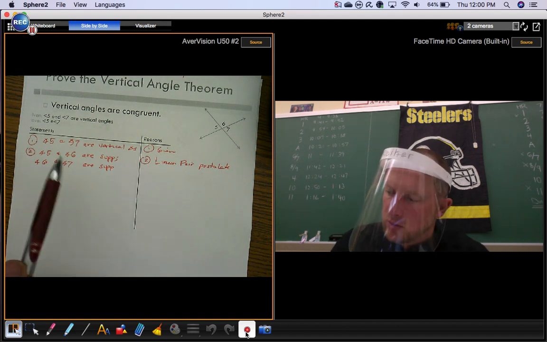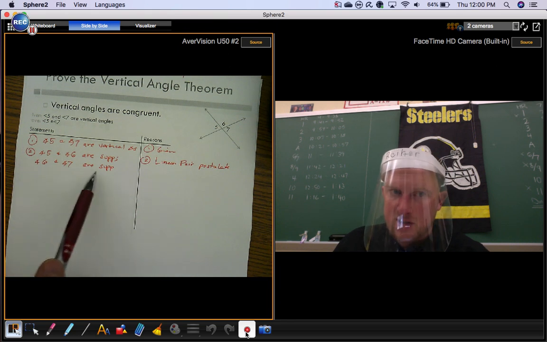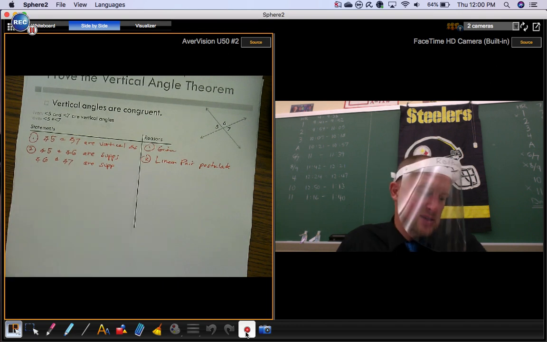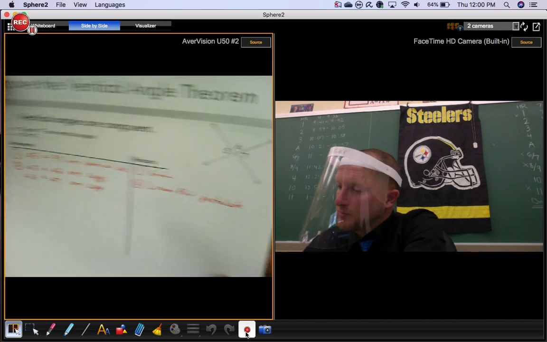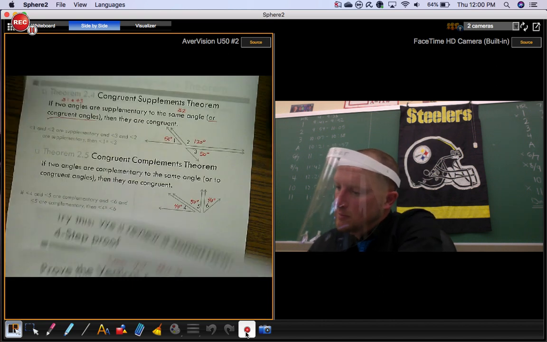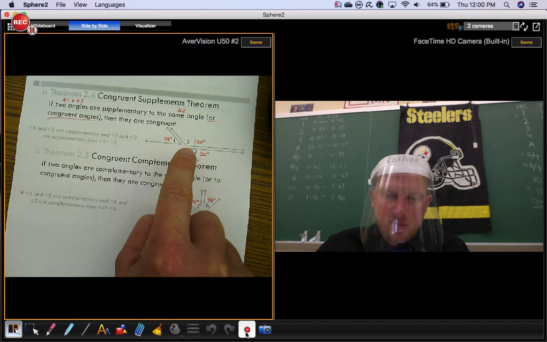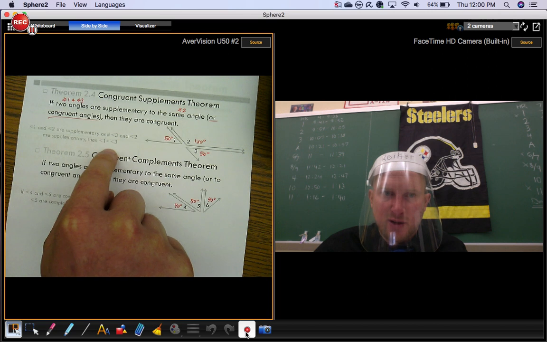So now we have 2 angles that are supplements of the same angle. Does that sound familiar? Two angles that are supplements of the same angle. When you have that, what do you know about those 2 angles?